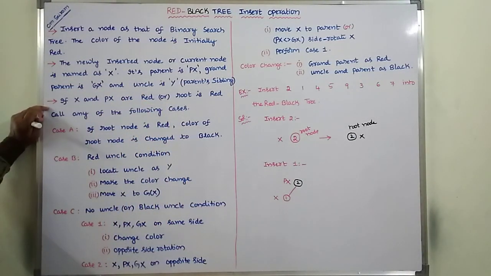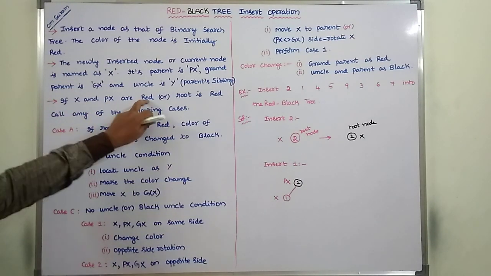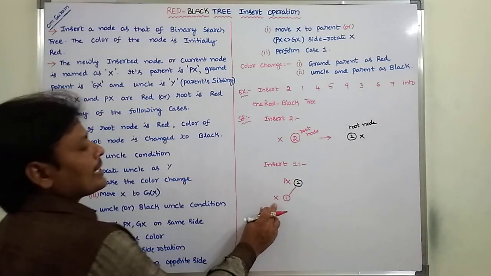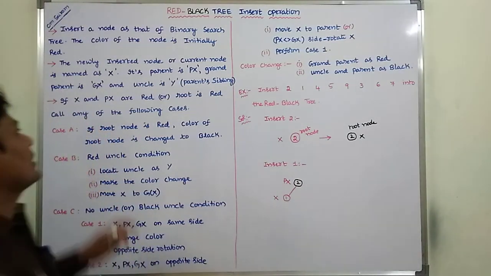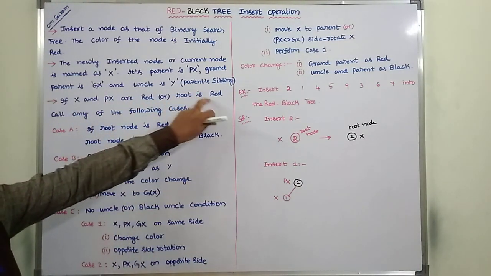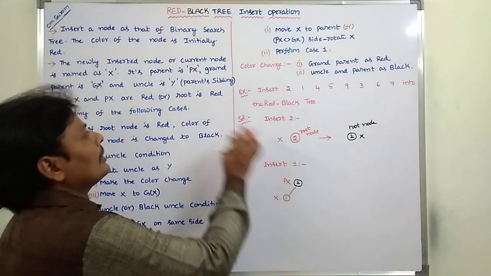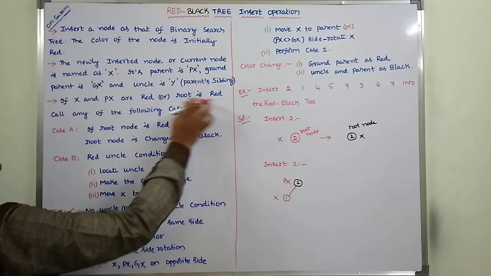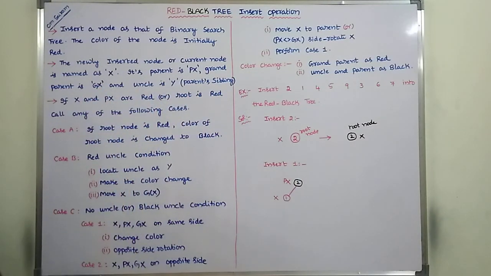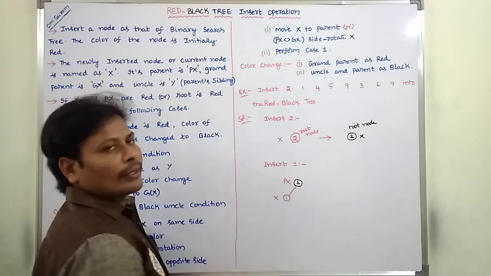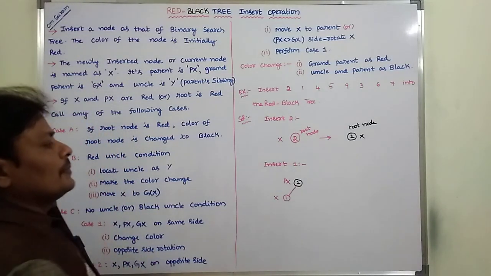Now go to this step. If X and Px are red: here X is red, Px is black, so this condition is false. Root is red? Root is black, so this condition is also false. There is no need to go to case A, case B, case C. Now this is the red black tree.